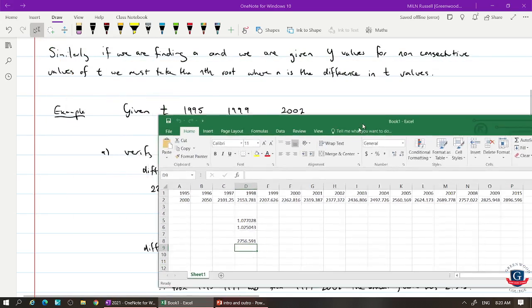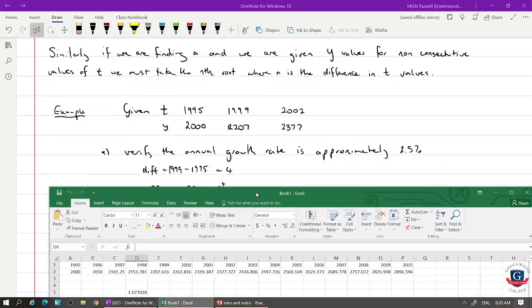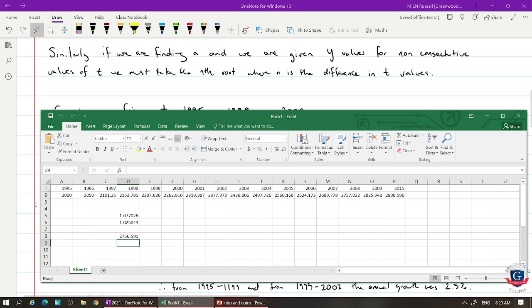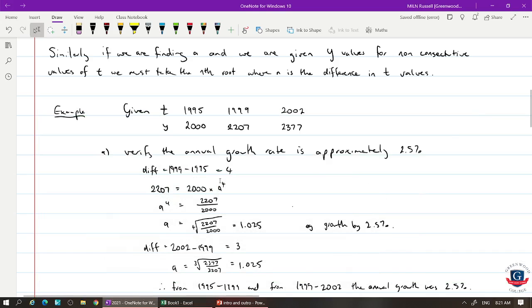And in our case, we're starting from 1995 and going to 1999, 1, 2, 3, 4 compounds, which is where that number there comes from. But we don't know that. That's just a table that I made up to make up the problem. We've just been given this information.